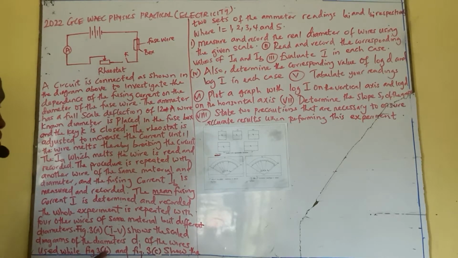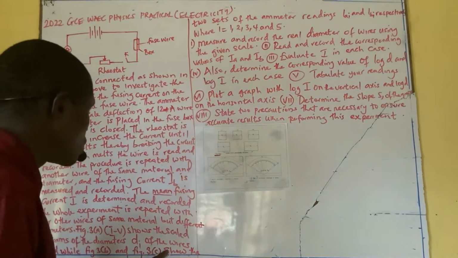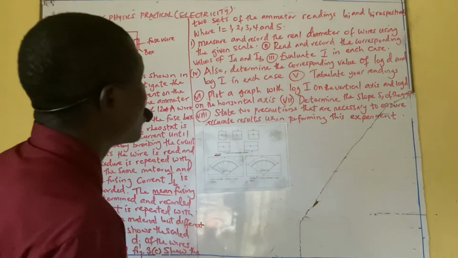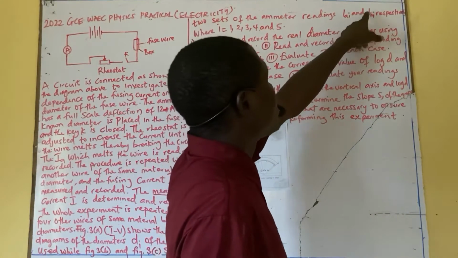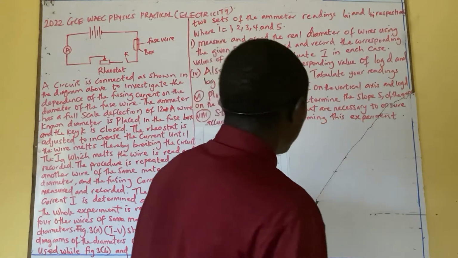Figure 3B and Figure 3C show the two sets of ammeter readings, IA and IB.